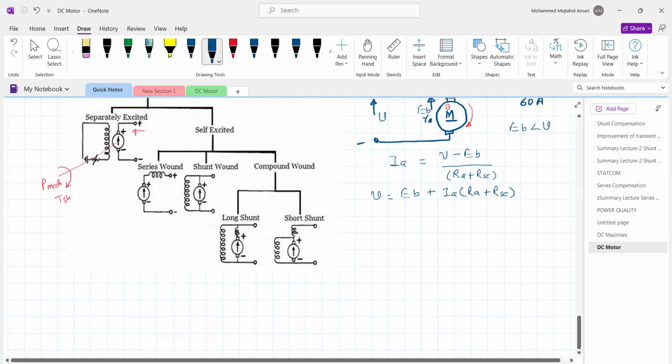Now we will take the example of the DC shunt motor.